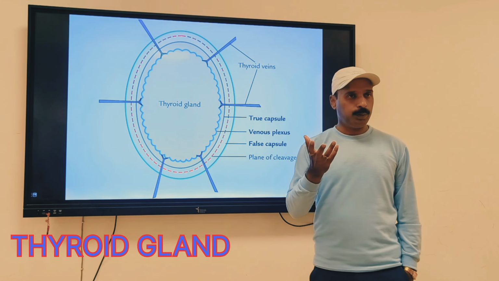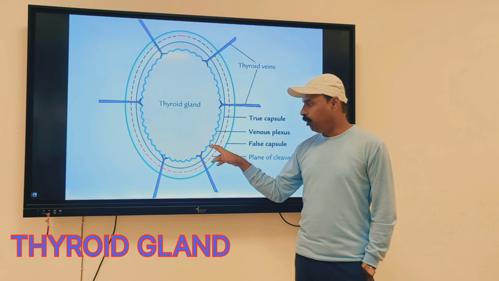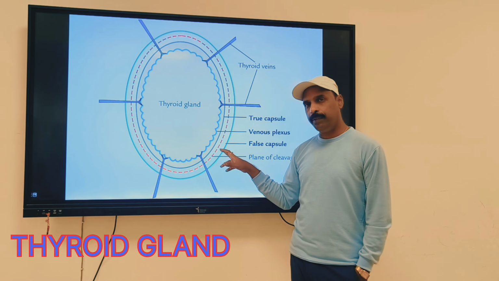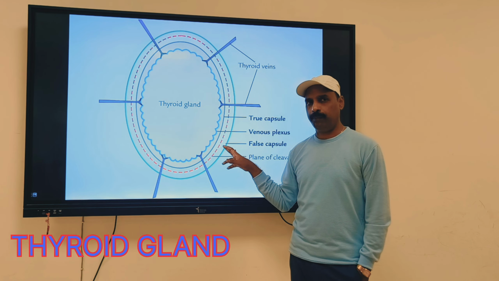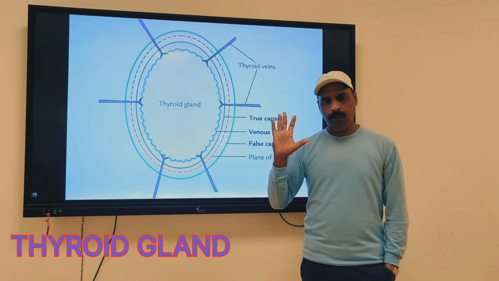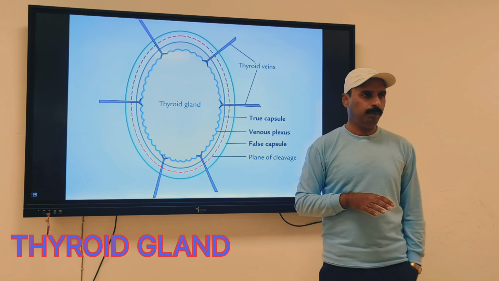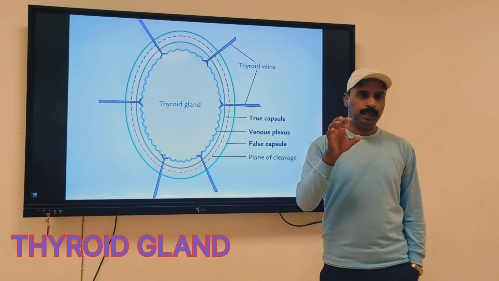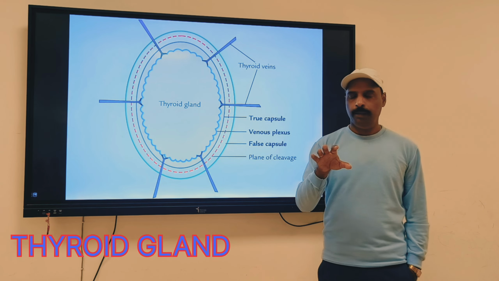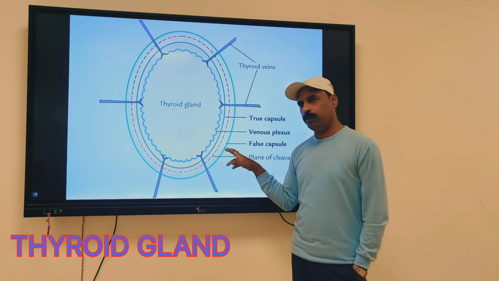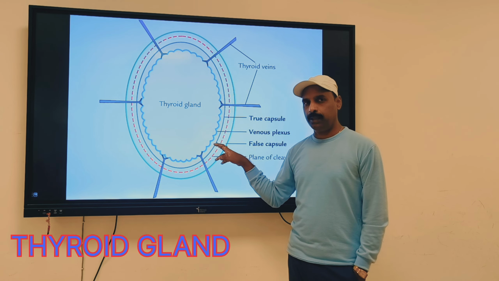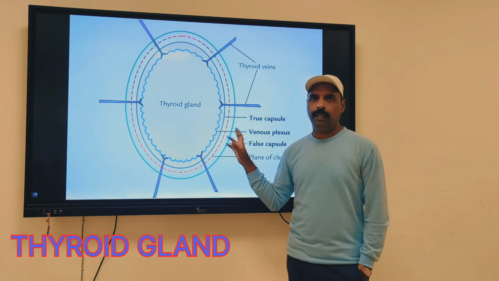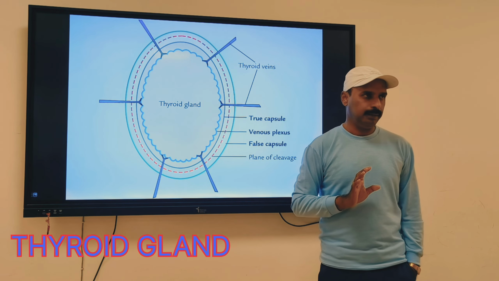But in the prostate, all the venous plexus are present in between the true and false capsule. So what do we do? We do not remove the true and false capsule; we remove only the prostate tissue. We do not disturb the true and false capsule because the venous plexus lies between them.